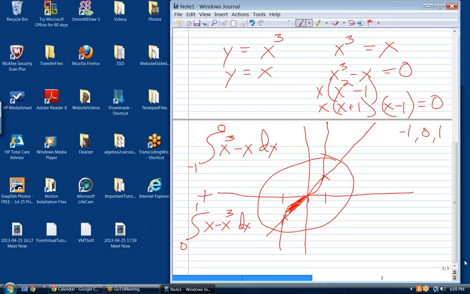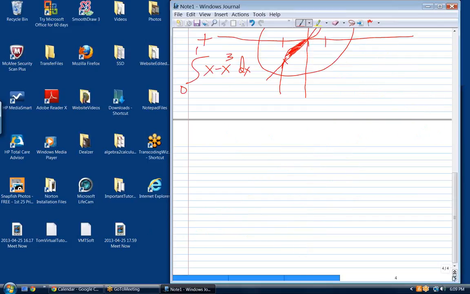You want to do that integration, or are you comfortable with your integrations? We might as well go through that. Okay, so we're doing this integration. What's the first step? So the integration of that is 1/4 x to the 4th.